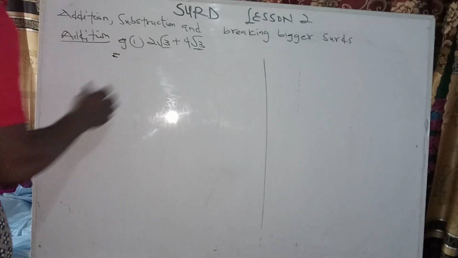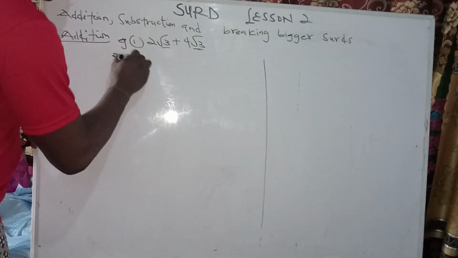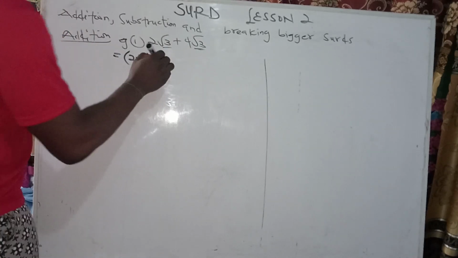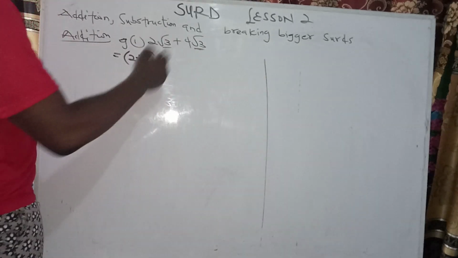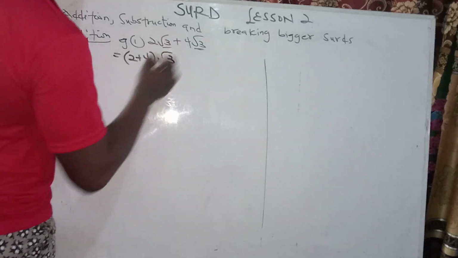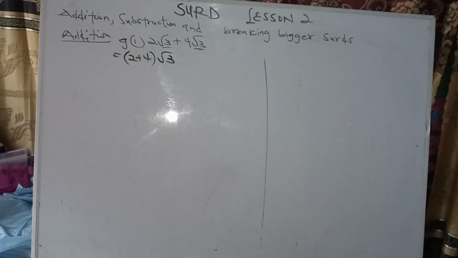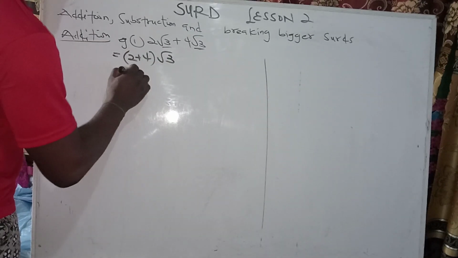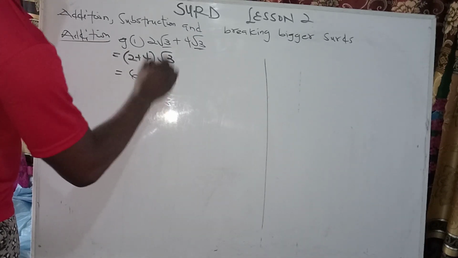I'm having outside plus outside, 2 plus 4. Then since they have the same root, I'm going to pick one of them. So 2 plus 4 will give us what? 6. Then what? Root 3.